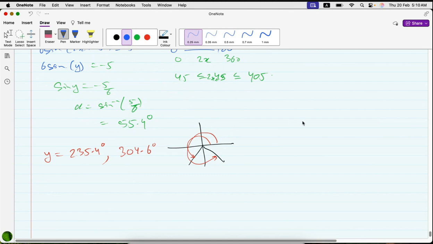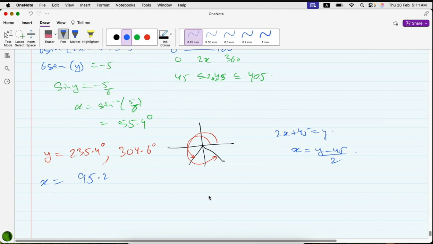Now for x, 2x plus 45 is equal to y. So x is equal to y minus 45, divided by 2. So 235.4 minus 45 divided by 2 is 95.2. Why am I getting different? Let's carry on.